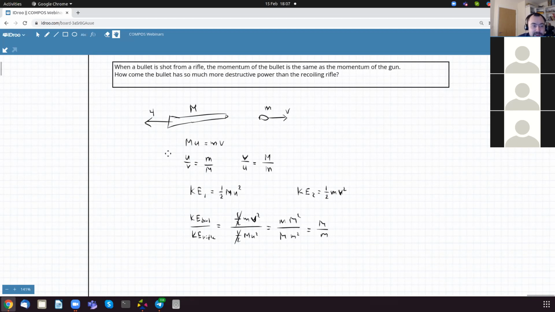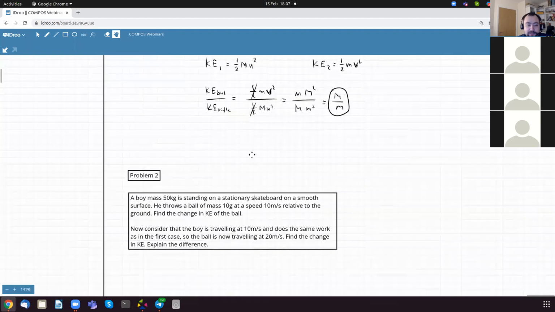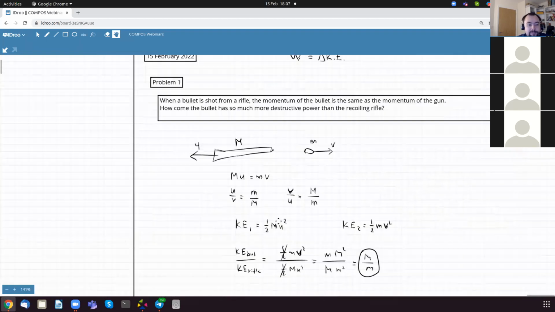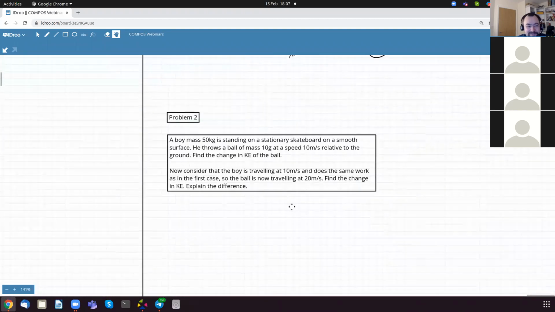So the kinetic energy of the recoiling rifle is much smaller than the kinetic energy of the bullet, and that's why the destructive power of the bullet is much bigger. Okay, I hope that makes sense. It's not a difficult result, but it's just something I wanted to point out before we properly start. So I could have called it problem 0 and got on with it.